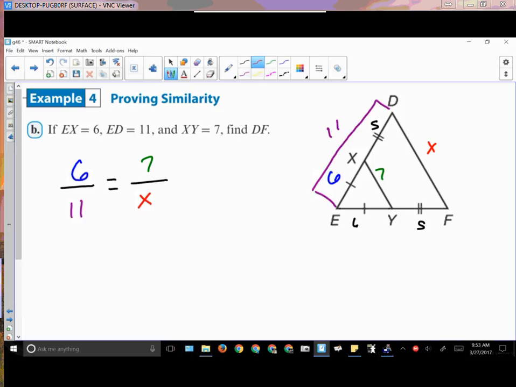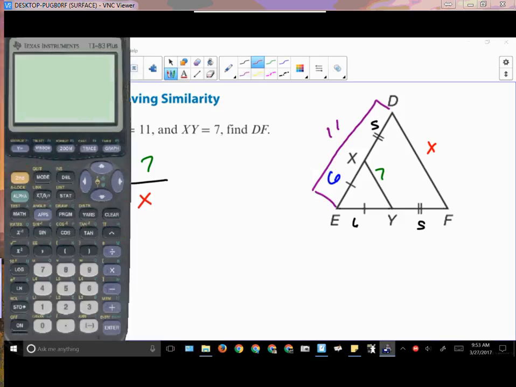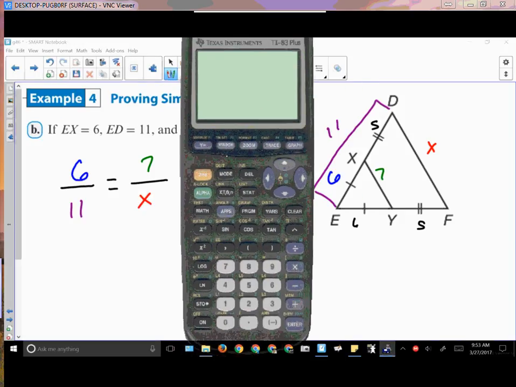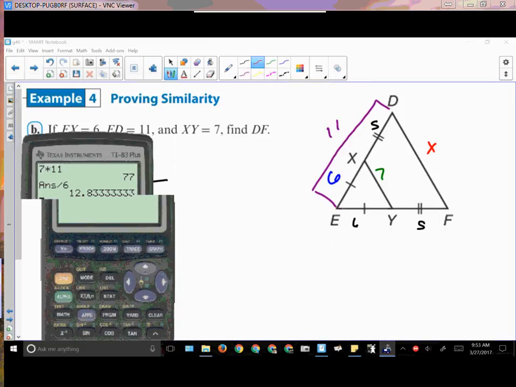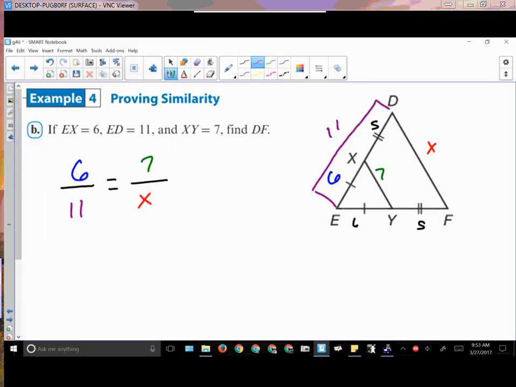So what should DF be then? 11? Well, couldn't I just use that little trick that I had shown you guys before, where I can take 7 times 11 divided by 6, 12.833? So that means this distance over here would be 12.83 repeating. Easy enough, right?